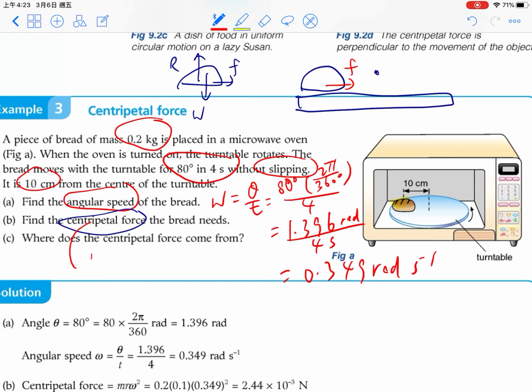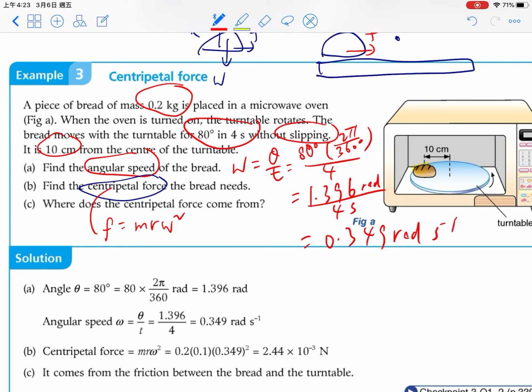So the centripetal force here is equal to friction. Now we have calculated omega, so we can use the equation m r omega squared. Now m is 0.2, r use SI unit, 10 cm means 0.1 meter, omega is 0.349. Here squared, don't forget the square.